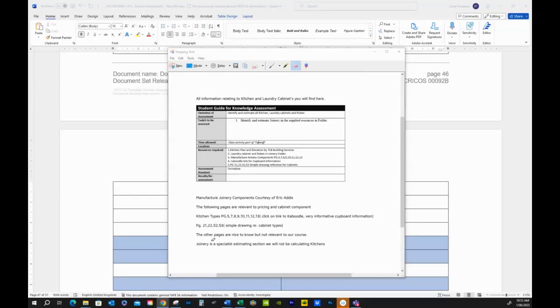It is possible to quote cabinetry per lineal meter. The last time I did that would be at least 15 or 16 years ago, and it was somewhere between $400 and $700 a linear meter.